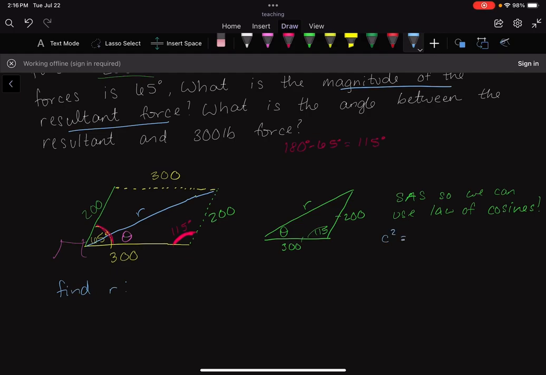So C squared is equal to A squared plus B squared minus 2AB times cosine of C. And so when we're looking for R, it's going to be R squared is equal to, and then my other two sides are 300 and 200. So I'm just going to plug those in as A and B. So 300 squared plus 200 squared minus 300 times 200 times cosine. And then the angle between the two sides, or across from R, is 115.